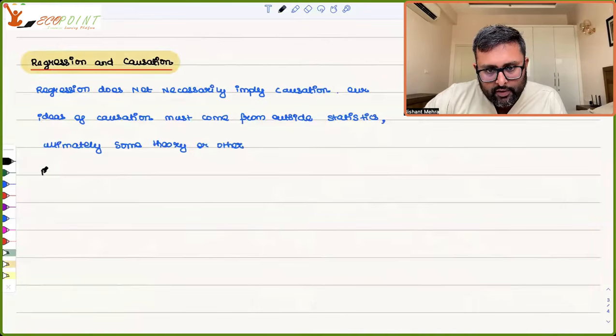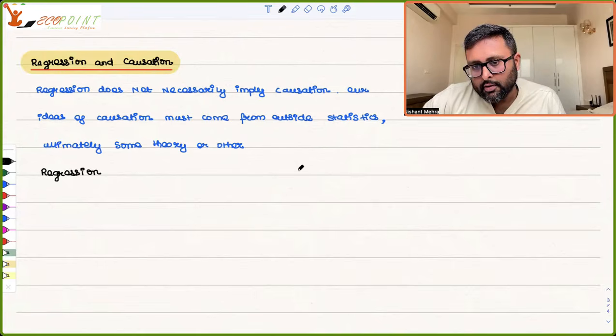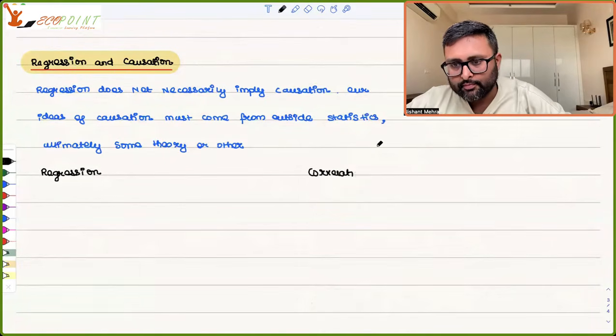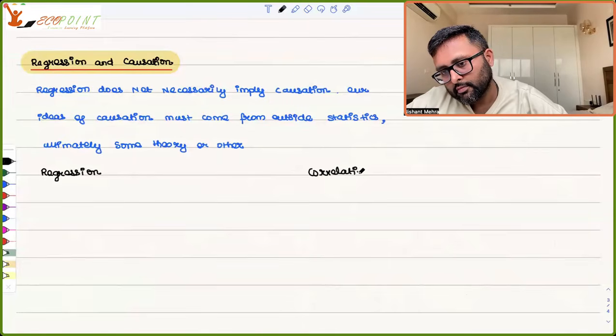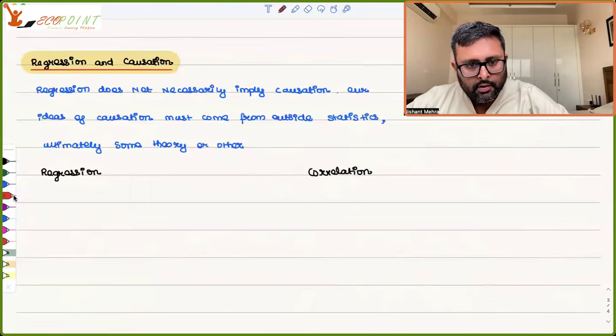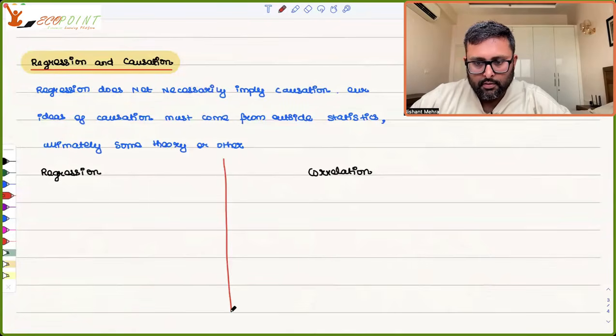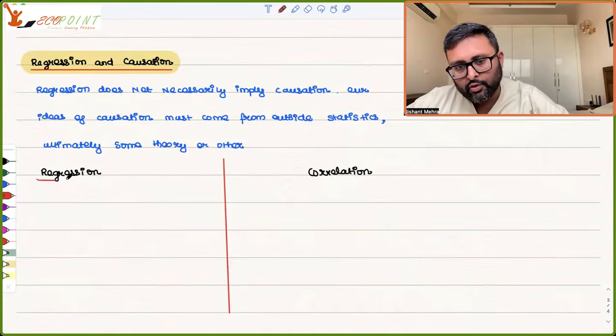And then you have a very simple point between regression and correlation.